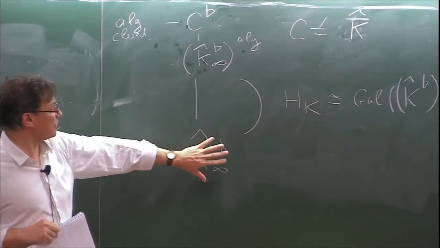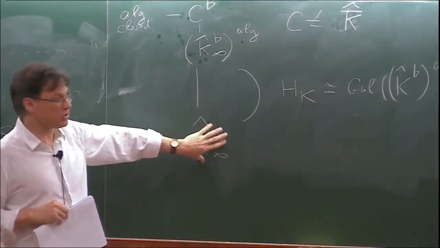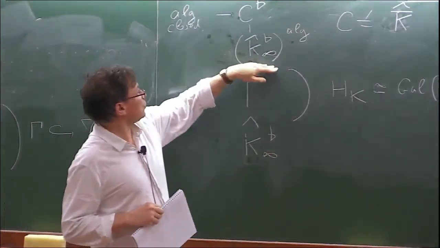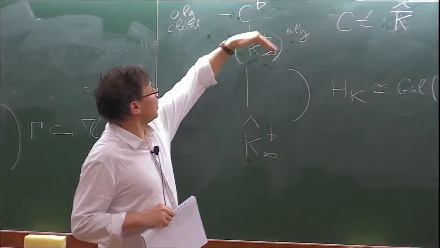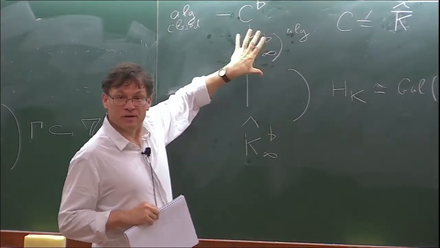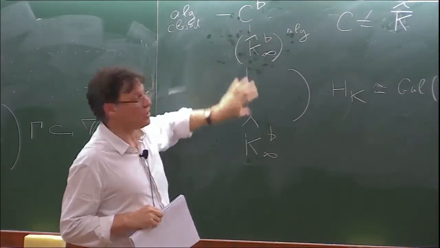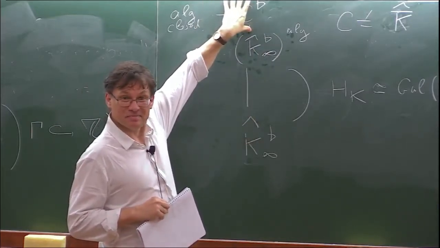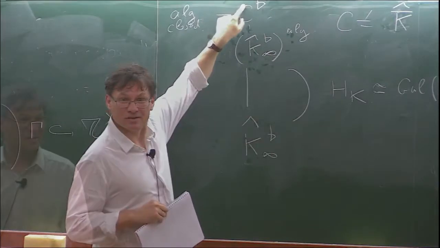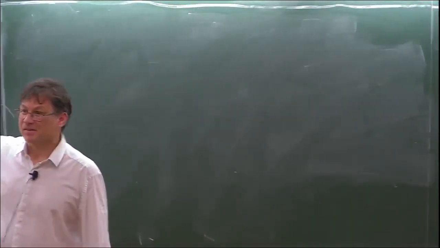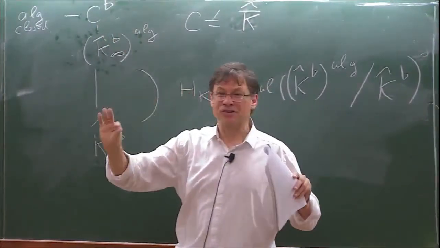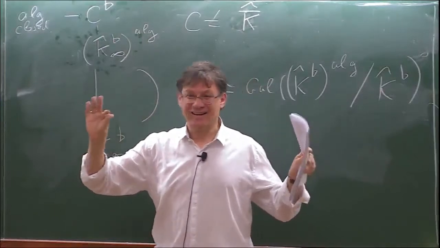Because we have this field of characteristic p, which is a tilt of the cyclotomic extension. And here we take the algebraic closure of this field of characteristic p, which lives inside the tilt of C. And it is dense here. Well, this is the tilt construction applied. So we are exactly in the context of the previous lecture.